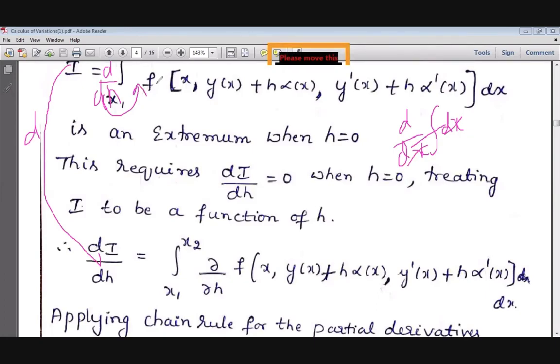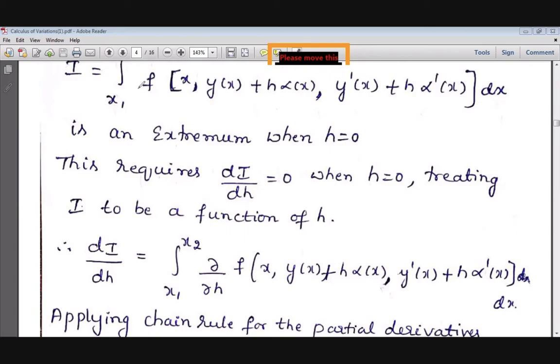If I take this differentiation sign inside this integration, what happens? This is dI by dh. If I take it inside, what happens? Any idea? Any idea if I take this d by dh inside the integral sign?